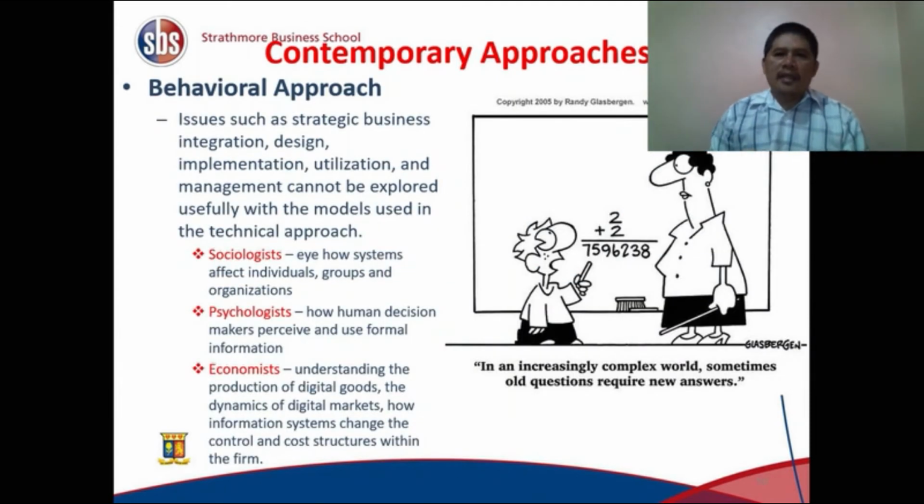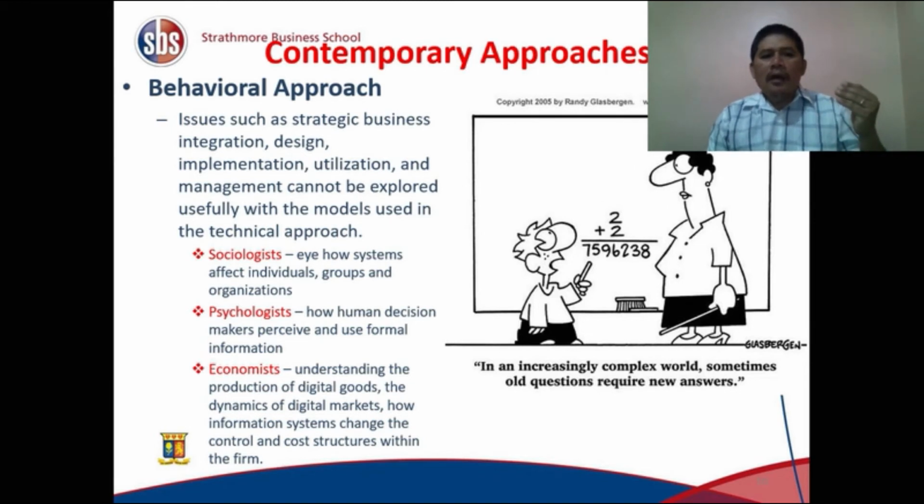Or we can also study information systems using the behavioral approach. Issues such as strategic business integration, design, implementation, utilization, and management cannot be explored usefully without the models used in the technical approach. The sociologist's discipline will look at how systems affect individuals, groups, and organizations. As we have seen in our previous discussions, it will really transform the business enterprise.